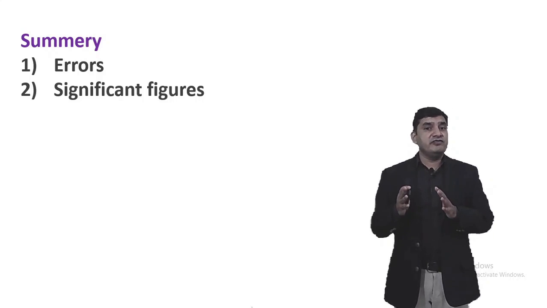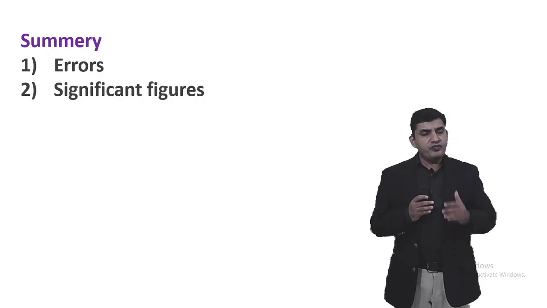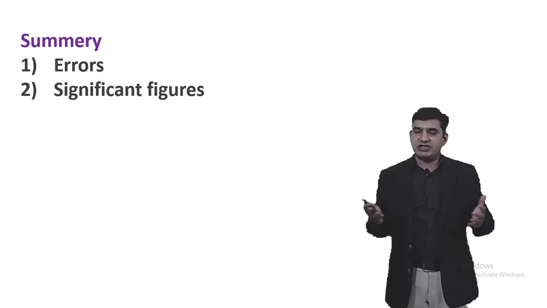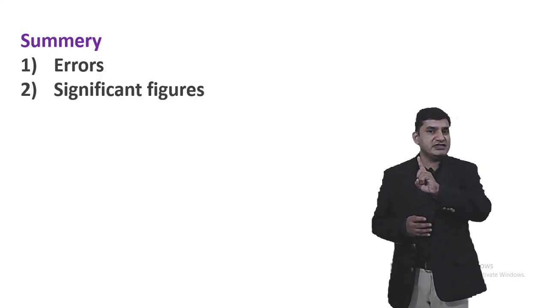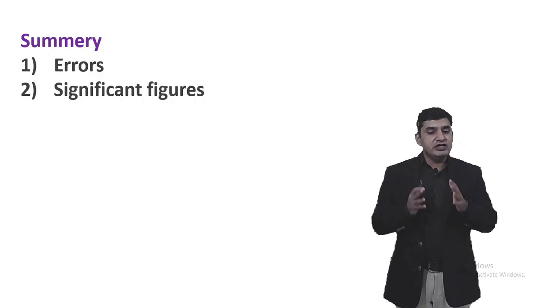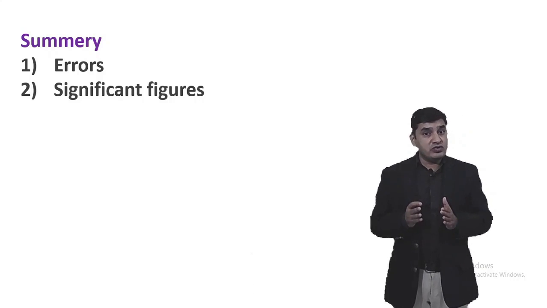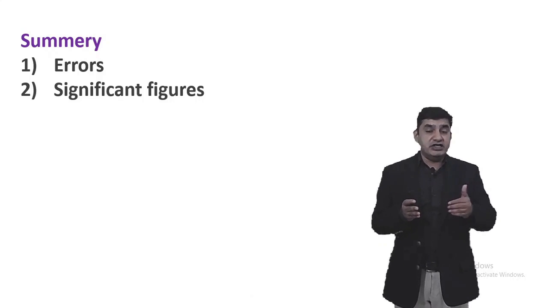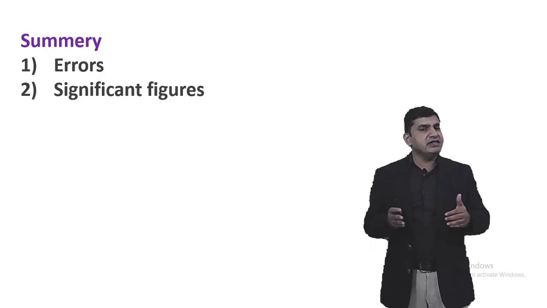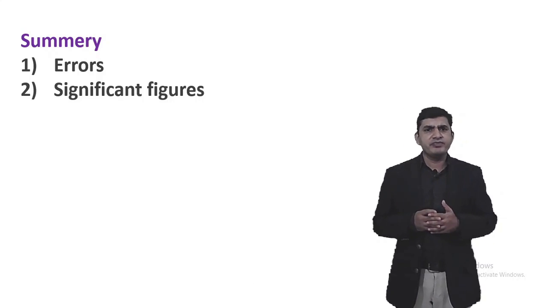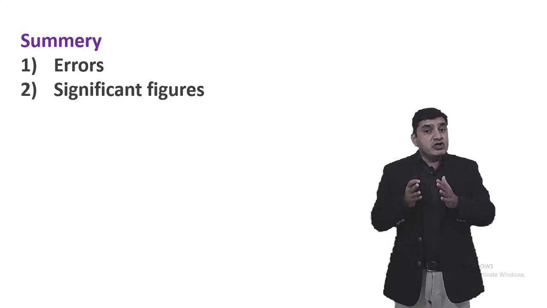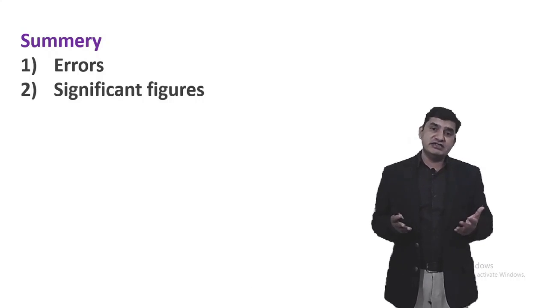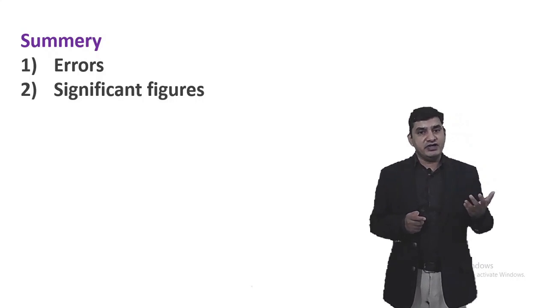Then significant figure: the figure which has significance in a measurement but does not necessarily denote certainty. The last digit is the first significant digit. Okay. A 0 after the decimal point does not have significance in a measurement and therefore is not considered in significant figures. Here a 0 in between two non-zero digits has significance in a measurement and therefore is considered in significant figures.